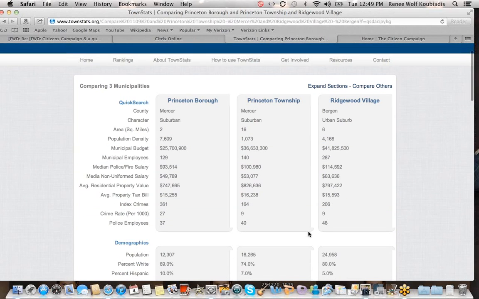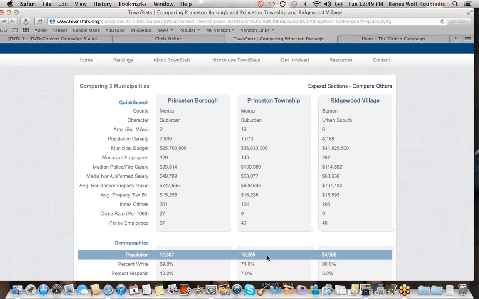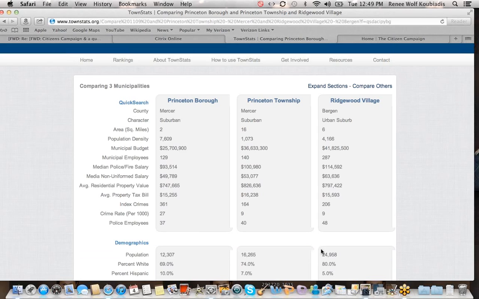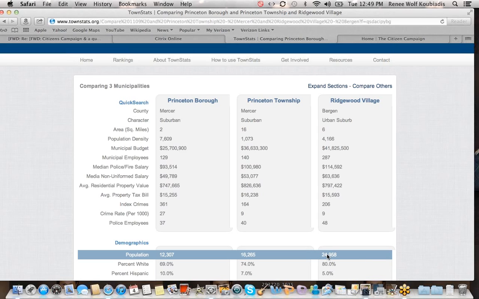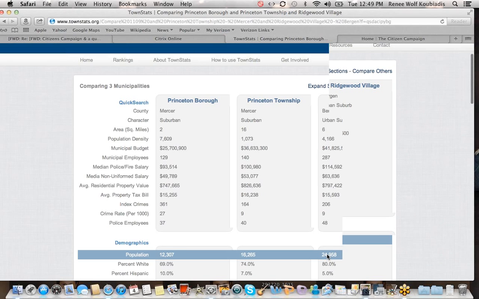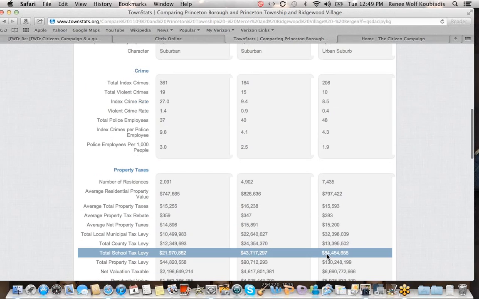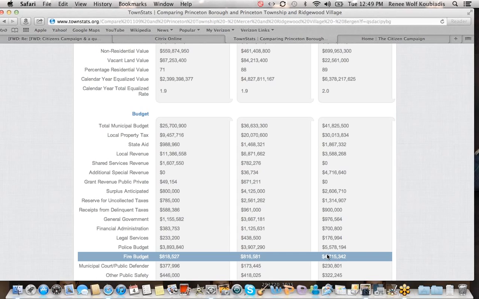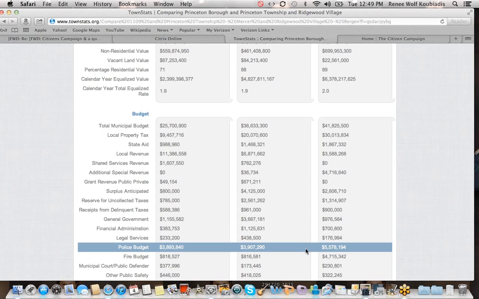If you look at the demographics here, you have 28,000 in Princeton Borough and Princeton Township combined. Ridgewood has 24,000. So the combined populations are relatively close. If you look at the police budgets, for the towns combined, the police budget is $7.8 million for Princeton Borough and Princeton Township compared to $5.5 million for Ridgewood.